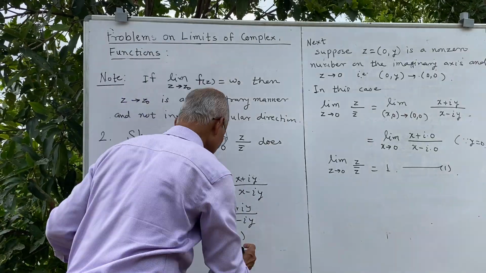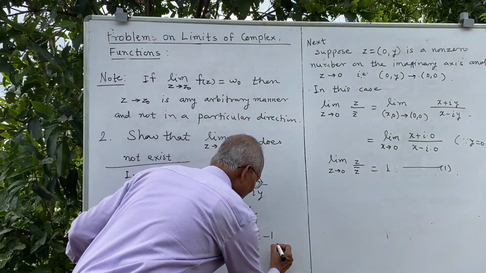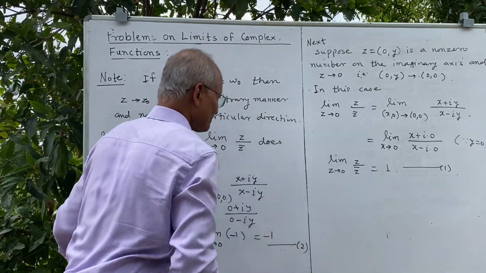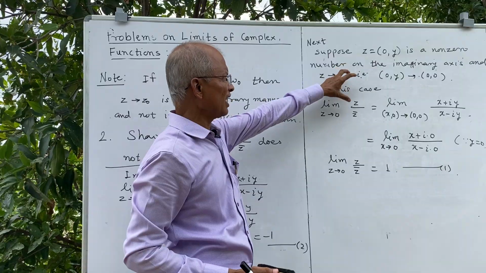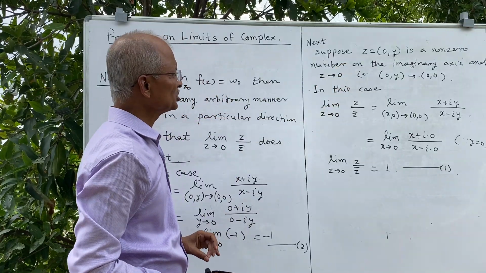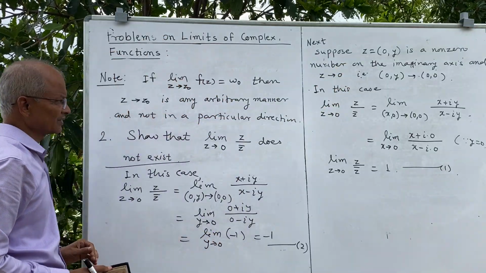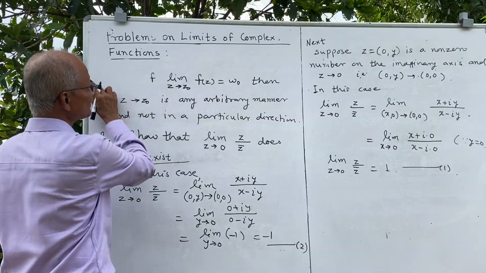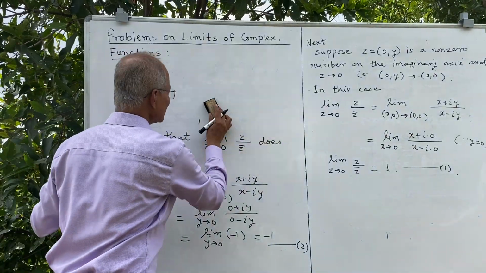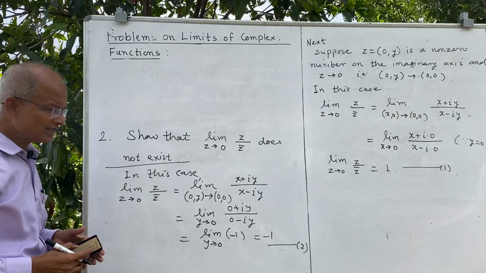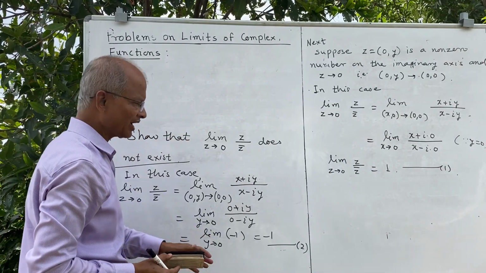So this limit is minus 1, and we may suppose this as the second result. See, from the first result, when z tends to 0 from the real axis, the limit is 1, and when z approaches 0 from the imaginary axis, the limit becomes minus 1.